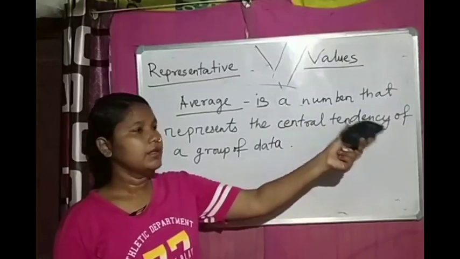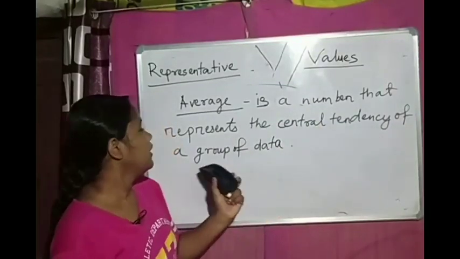So average is a number that represents the central tendency of a group of data.